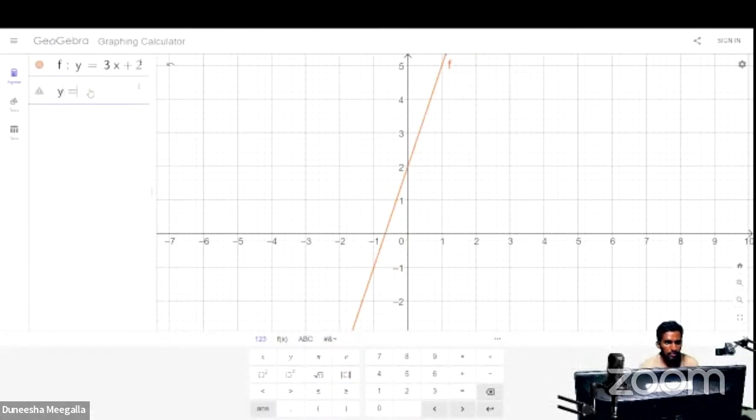Y equals 4x plus 2. Okay, let's try something like 5x. Y equals 5x plus 2.